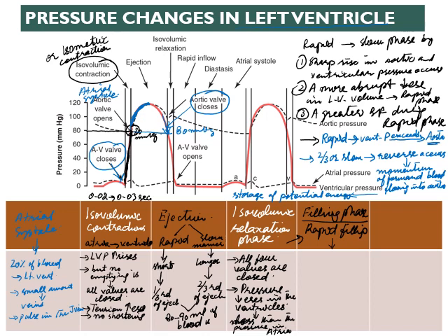As we have mentioned, this opens AV valves, and the opening of AV valves allows blood to flow into ventricles. This rapid flow of blood from atria to relaxing ventricles produces two effects.